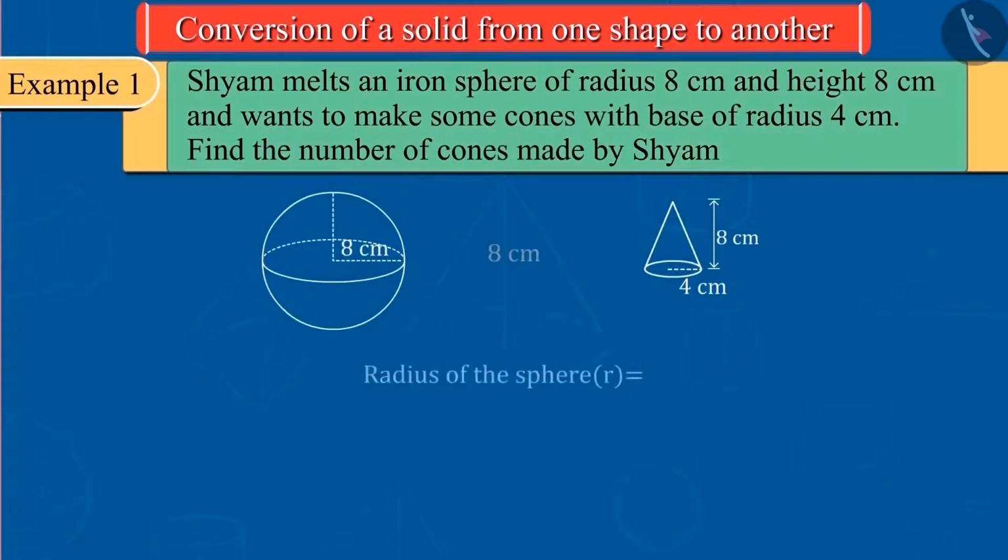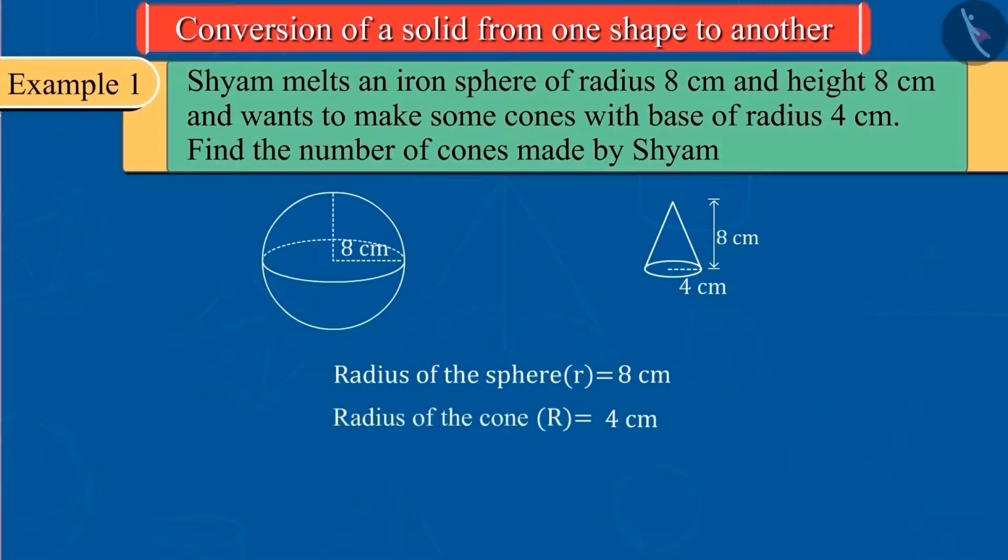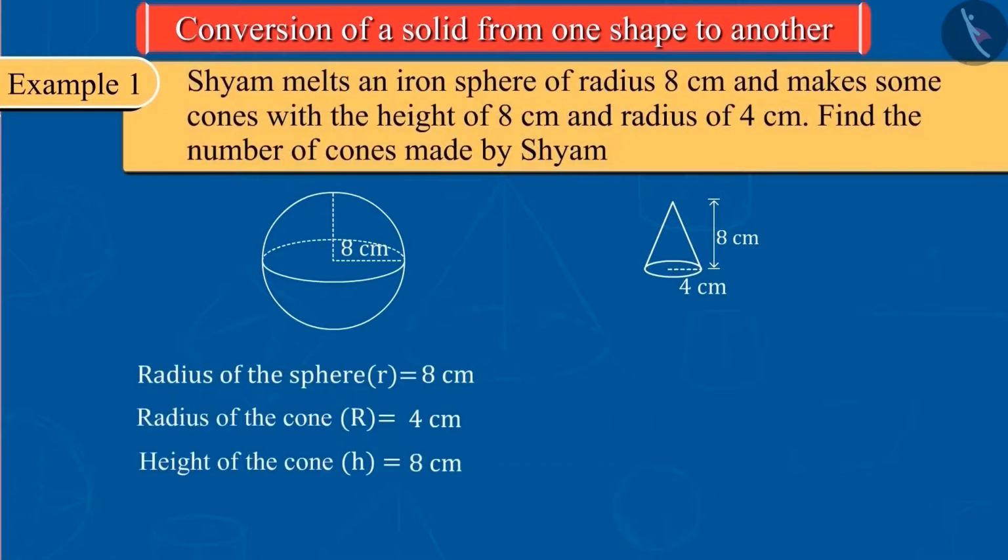From the question, let us consider R as the radius of the sphere and let r be the radius of the new cones formed. Height is h. So now, can you calculate the number of cones made by Shyam?